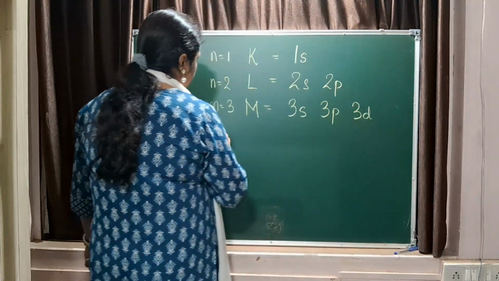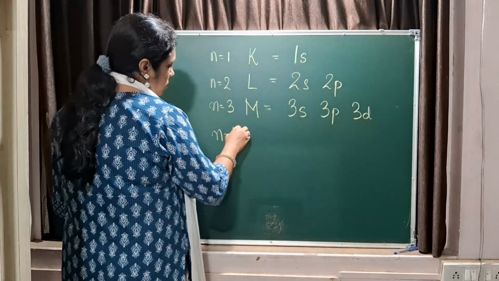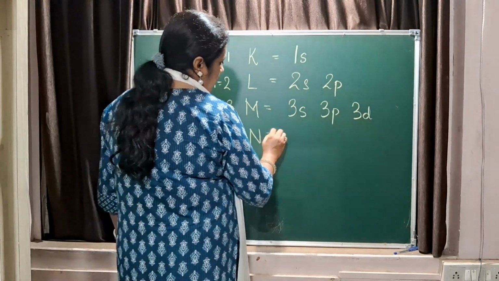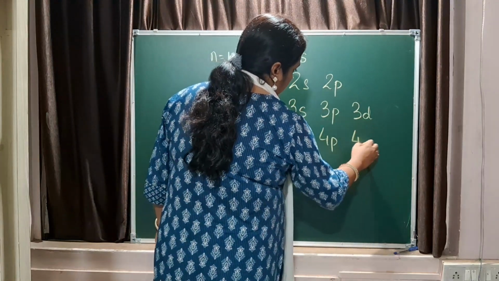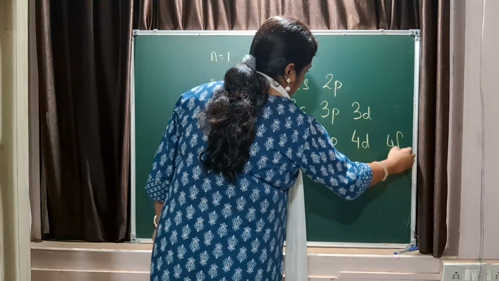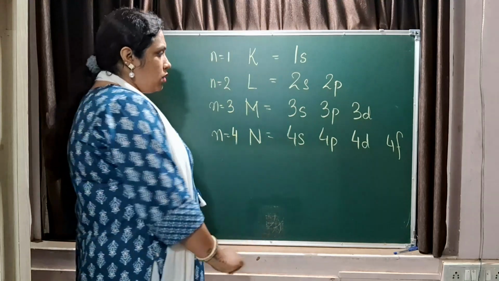For n equal to 4, that is N shell, you have 4s, 4p, 4d and 4f. This much is more than enough to understand your concept.